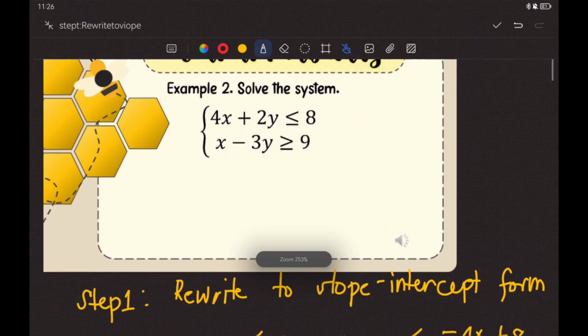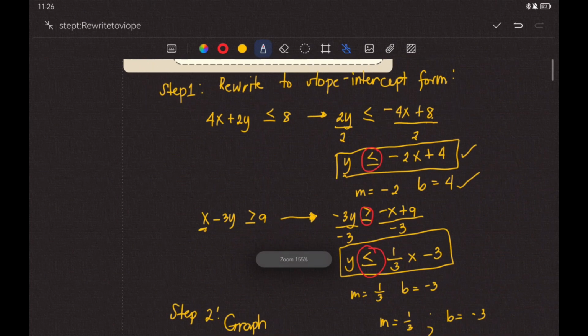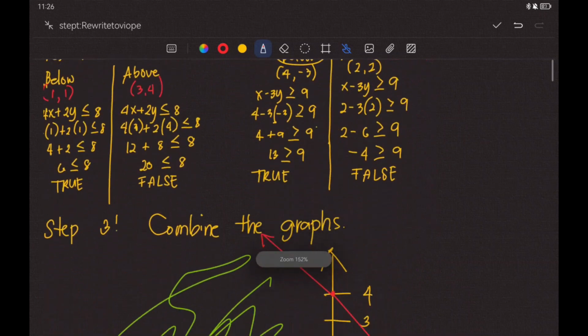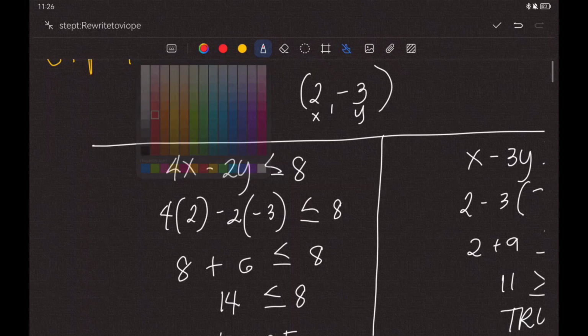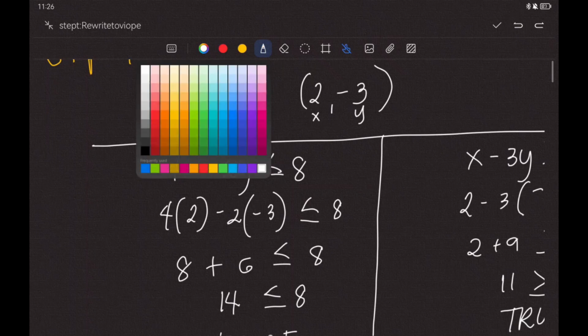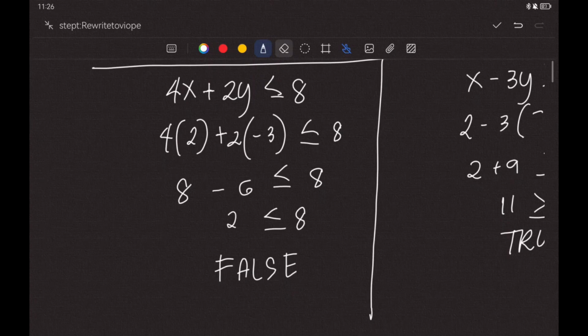As you can see, this is plus. So it should be plus to make the statement correct. So this is 4x plus 2y, so this is negative 6. 8 minus 6 is 2. And this makes our statement true.